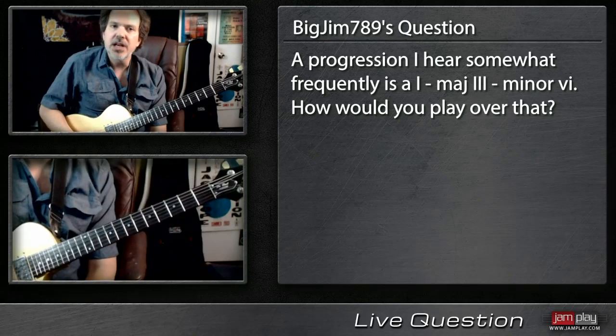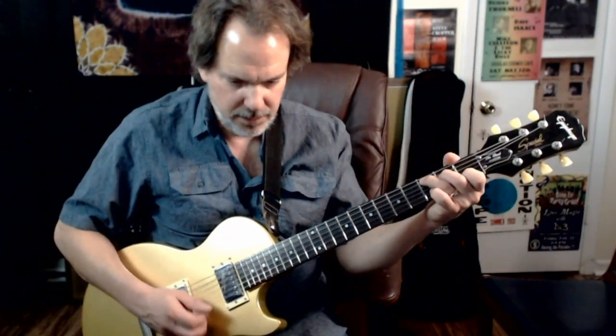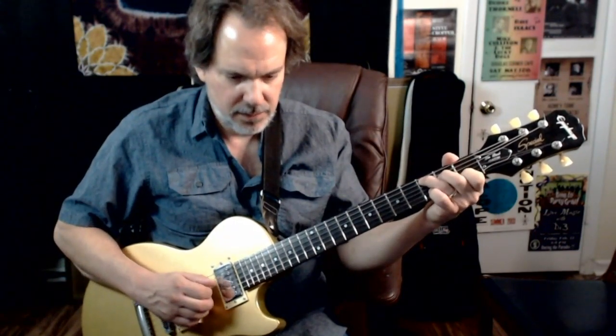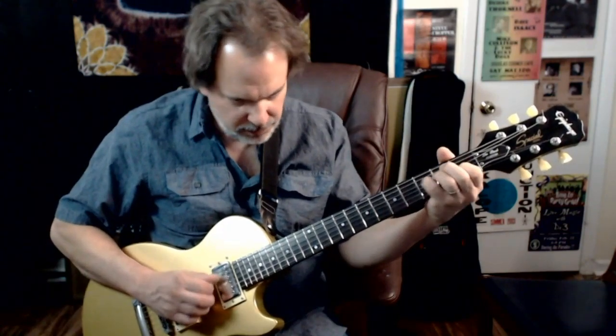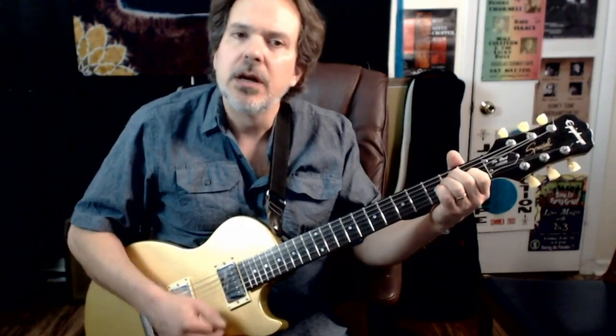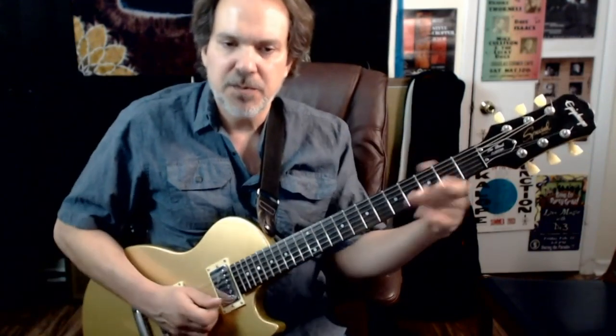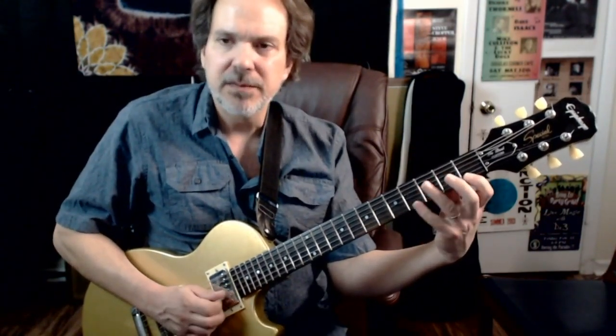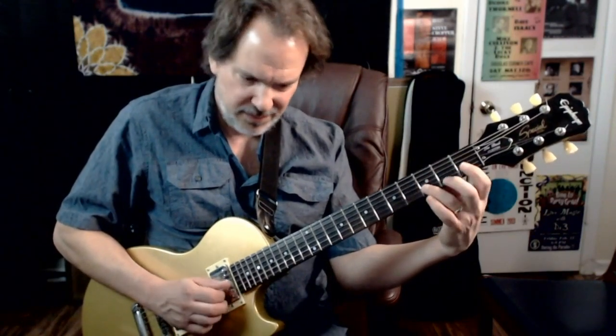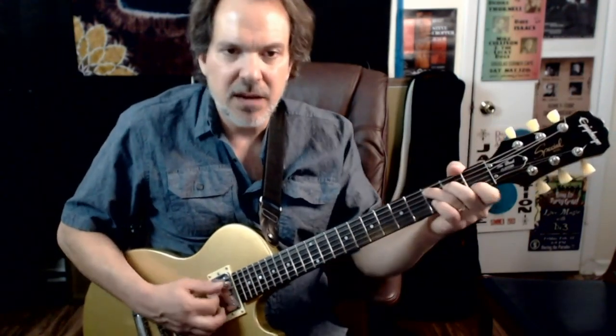Now, could I use the F natural and use more of an A harmonic minor here? Yes, you could, but it immediately gives you this very specific harmonic minor flavor. So if you want to use that, you can.